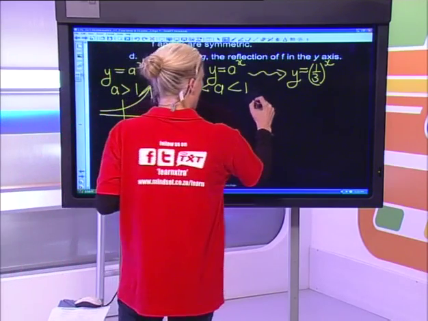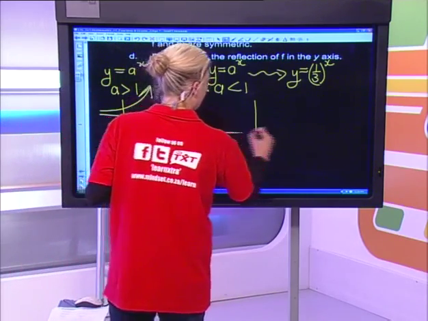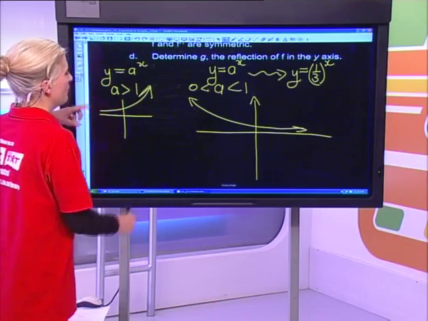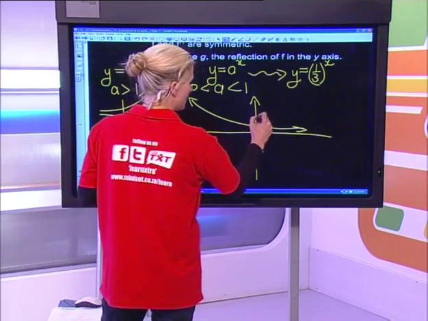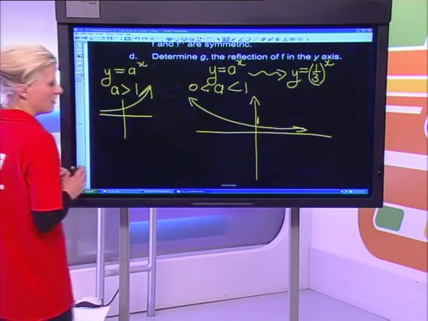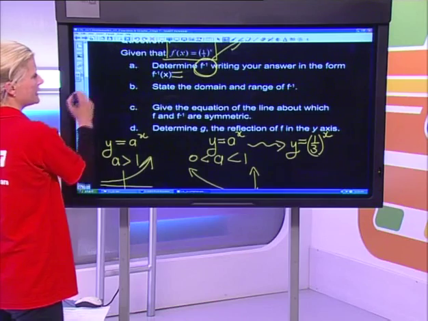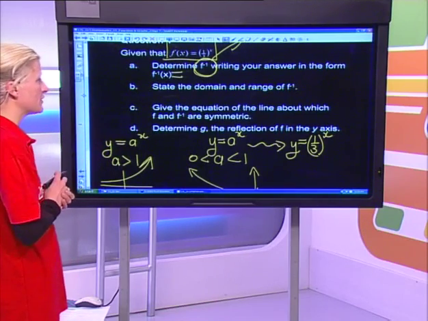So this graph that I'm looking at is going to be decreasing. Right? And I know that the y-intercept is where x is equal to 0, and a third to the power 0 is 1. So that's basically what my graph looks like. Okay. So that wasn't required, but I'm just doing that so that you guys can follow what's going on.